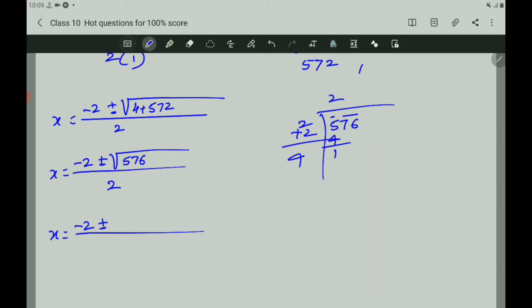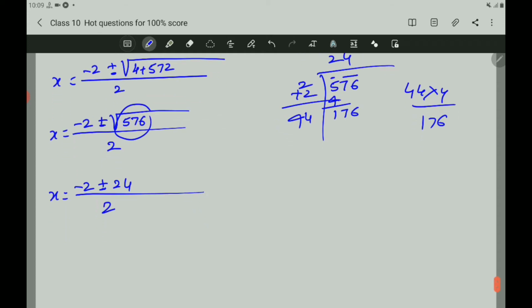And you know that 44 4s are 176. So the square root of 576 is 24. You must learn these square roots by heart, then only you can write the square roots quickly. Otherwise you must calculate by using the method.